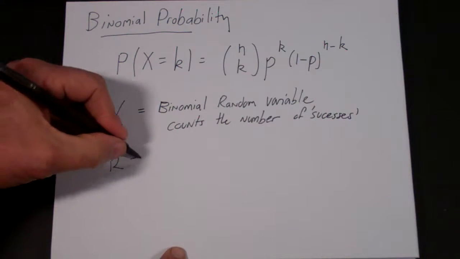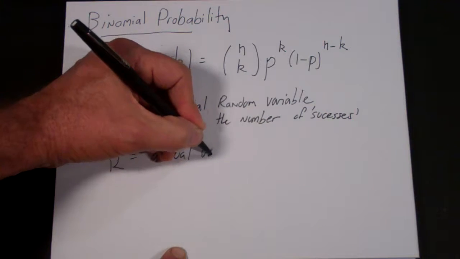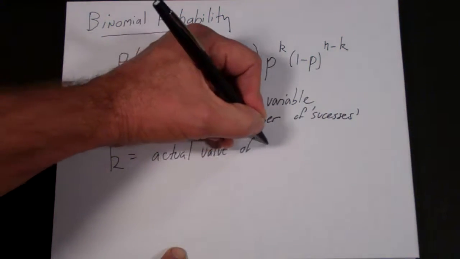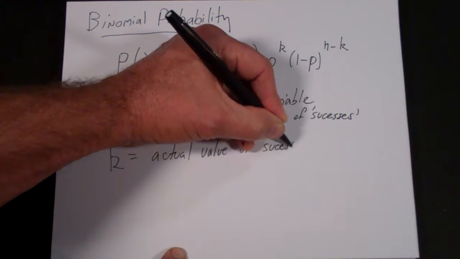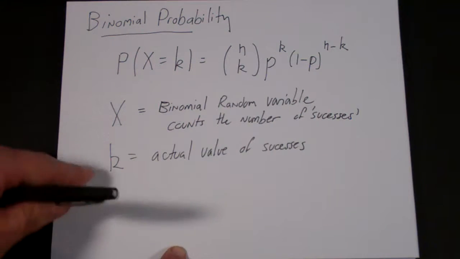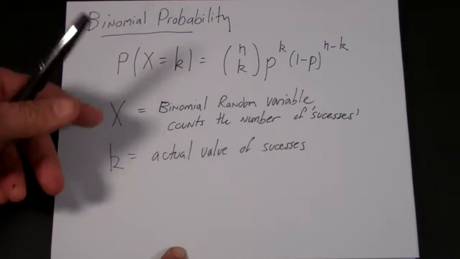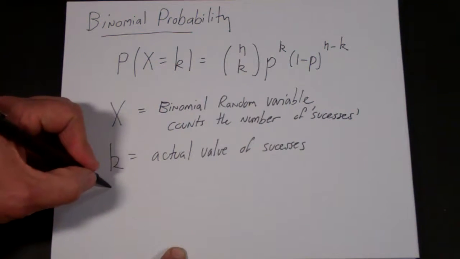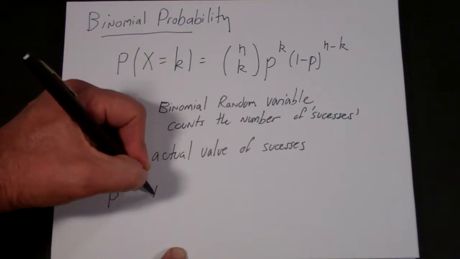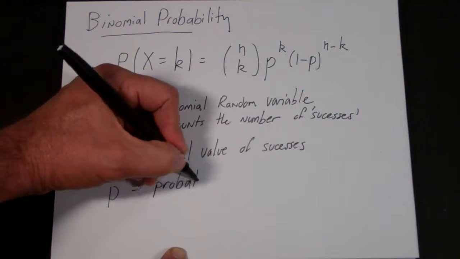K is the actual value of successes. So for example, if you're flipping 10 coins, k might be 3, and that would be the probability of getting 3 heads in 10 flips. P is the probability of success in one trial.